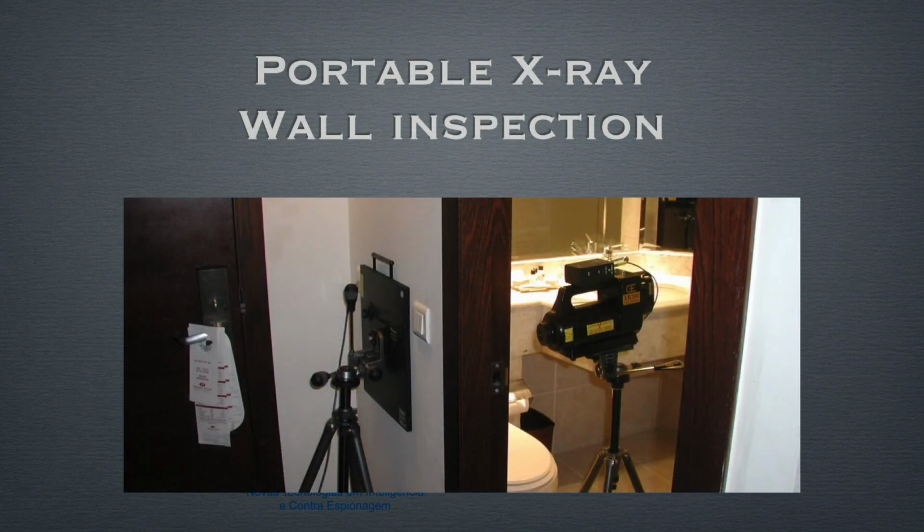Still with an X-ray, I want to show you the verification of a wall. It's a wall inspection, which is quite useful because we might get some false alarm, for example, even from nonlinear junction detection, and we want to check it, of course, without breaking the wall.